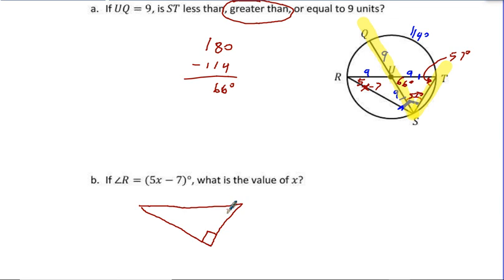We found this one to be 57. And so 180 minus 90 minus 57, or just 90 minus 57, since these two acute angles are complementary, is 33 degrees.